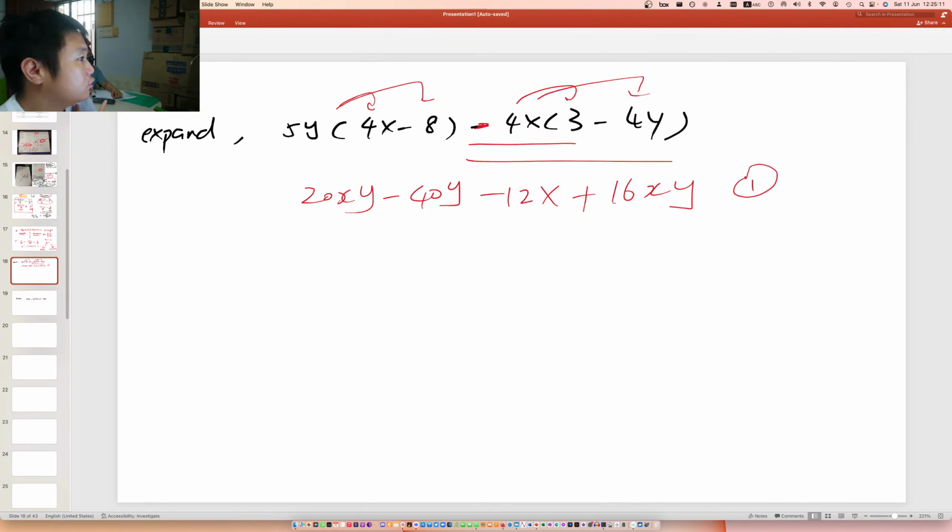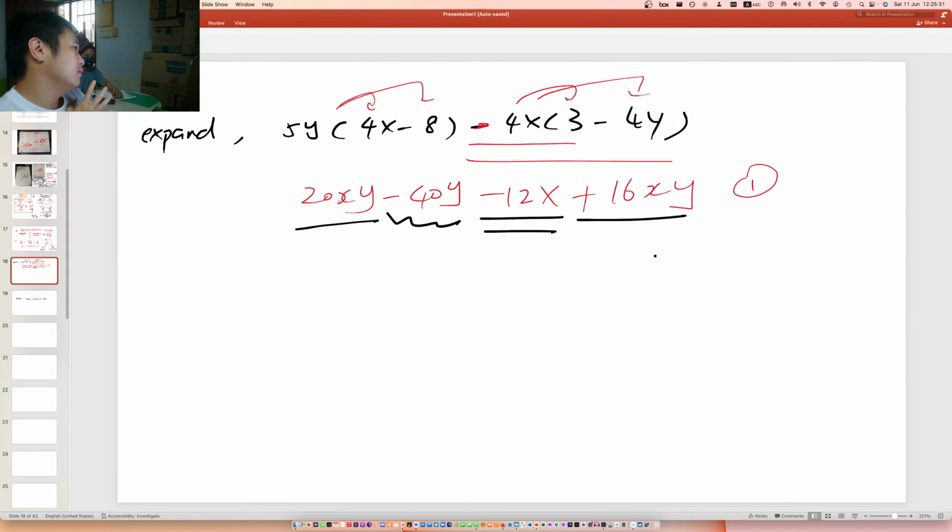After that, you need to see if there is an opportunity for you to combine similar terms. This is the xy term, this is the y term, this is the x term, this is the xy term. Can you see that I underline them differently, and I realize that I have the same terms.